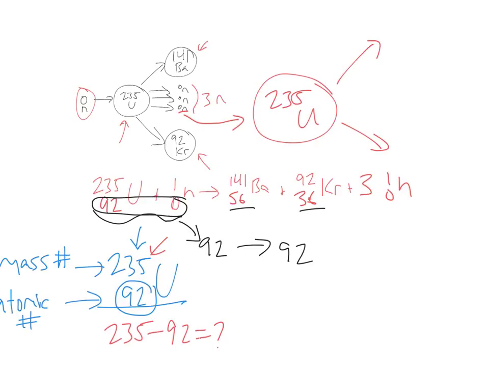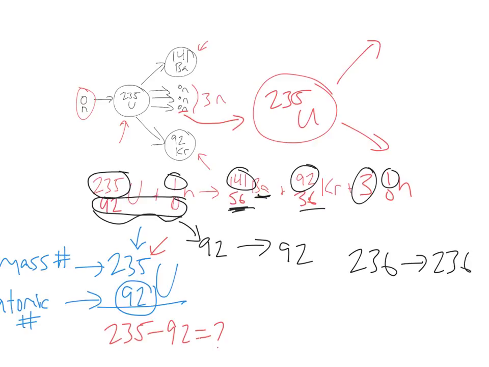They can give you this, and you have to determine what that is based on the element symbol on the periodic table, or they can just give you barium, and then you have to solve for the 56. On the top, you have 235 plus 1, so it's 236. And if you add 141 plus 92 plus 3 times 1, you also get 236, to show you how it all equals out in the end.